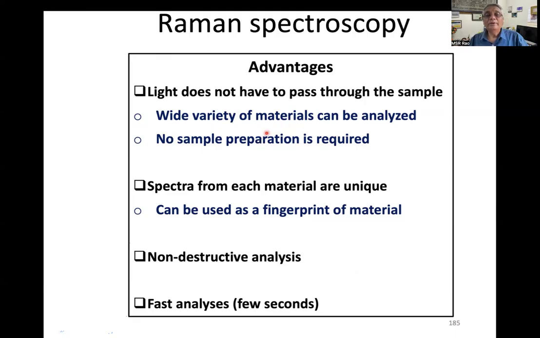A wide variety of materials can be analyzed, and all the processes related to vibrational spectroscopy can be easily understood. There's no sample preparation required here. It's very straightforward. You take the sample, put it in the spectrometer, and you start doing the measurements.